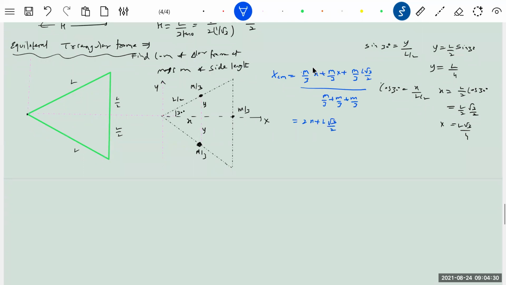So what is the value of x? Already we know it. So L root 3 is what? The position of center of mass.